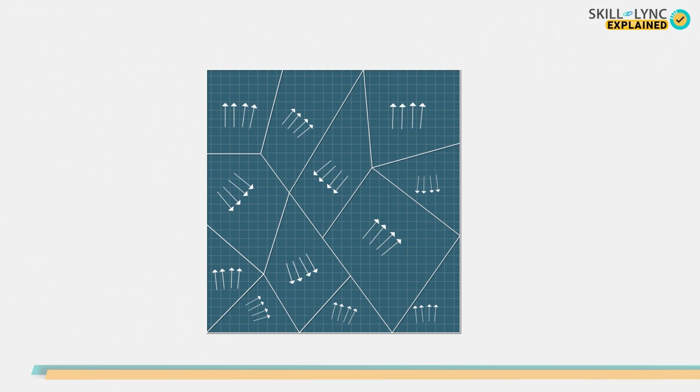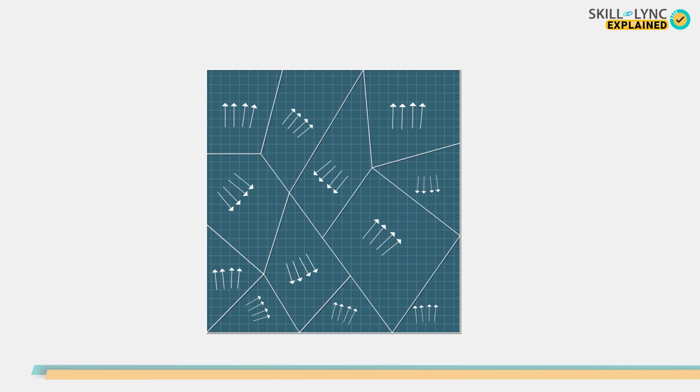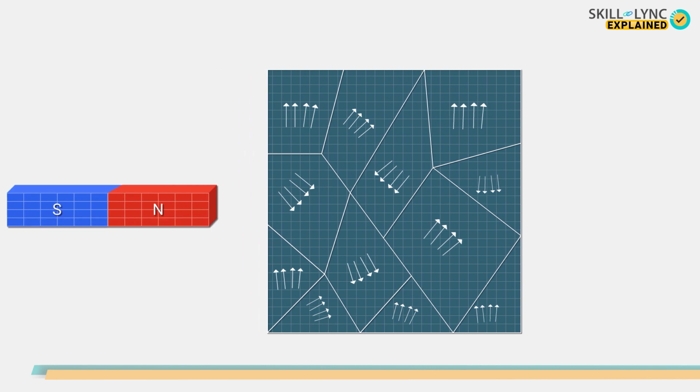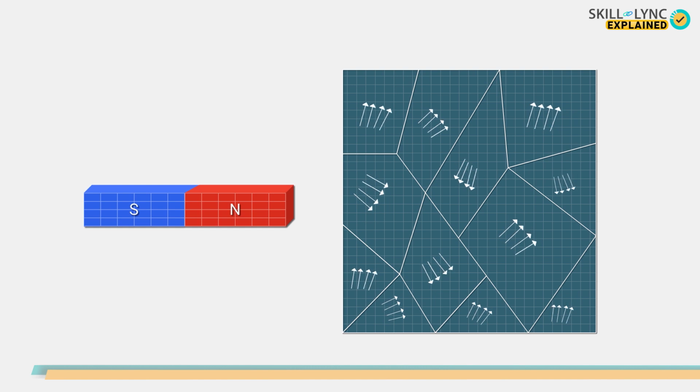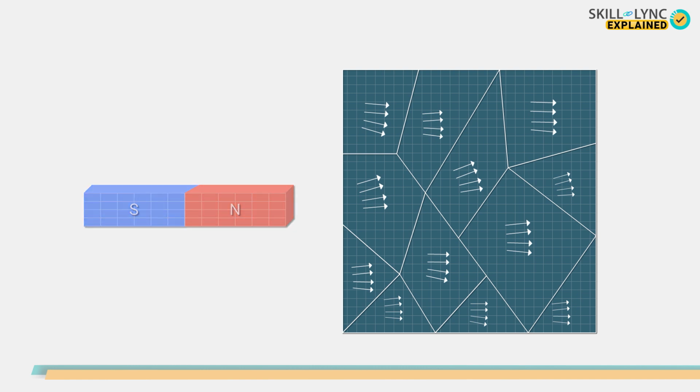The areas in which the magnetic dipoles mutually align themselves within the ferromagnetic material are known as domains. Each domain is separated from each other by domain boundary. When a magnetic field is applied to ferromagnetic material, the dipoles in all the domains align together in the direction of the applied field, and the same condition persists even if the field is removed.